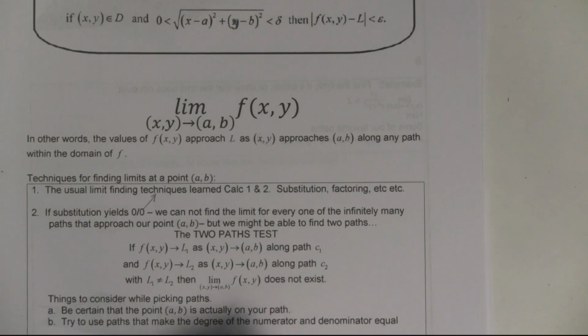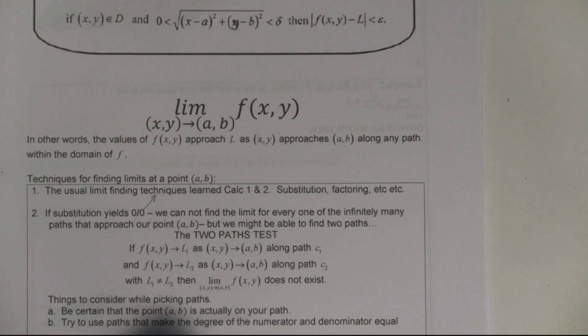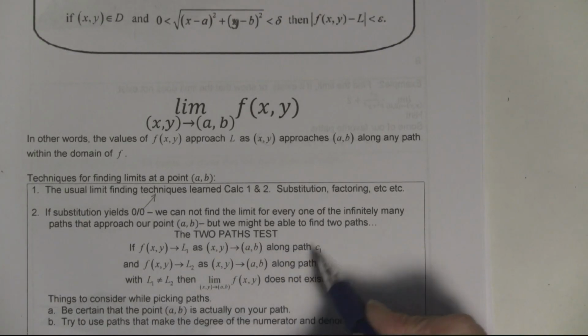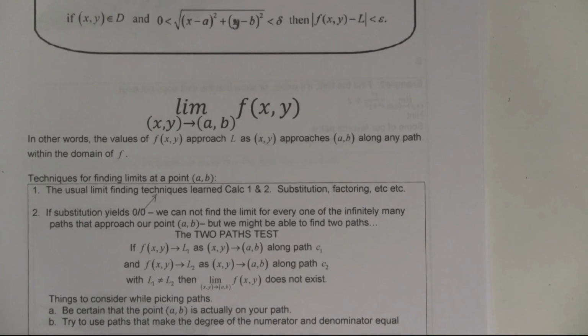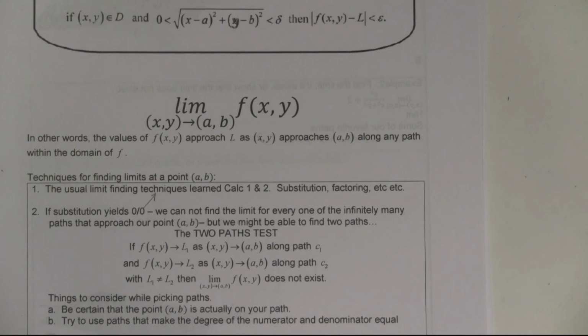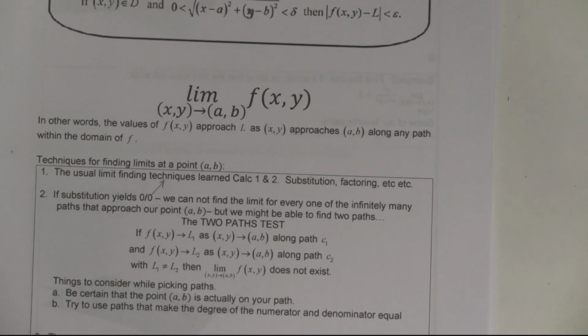Now, checking two paths and having them be the same is not helpful, because you have to show that it's true for infinitely many paths. But if you can show that it's different for two, then you can show that the limit doesn't exist. So that's what this story was in here, and I wish I would have written it a little bit differently. Now that I'm reading it, it made perfectly good sense when I got it from my friend Professor Leonard.